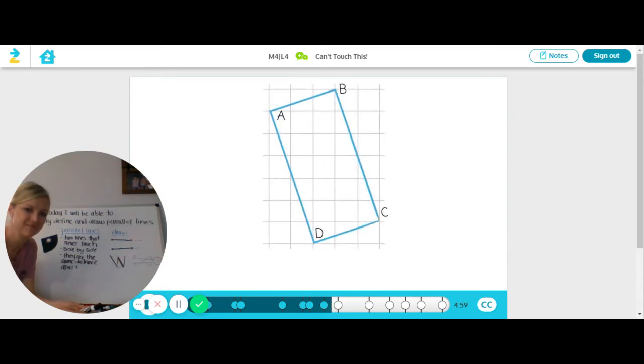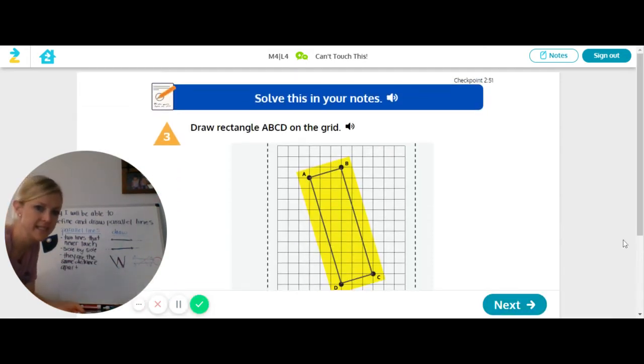On the grid paper in your notes, use your straight edge to draw a rectangle A, B, C, D like mine. Okay, so let's take a moment and draw this in our notes, scholars, A, B, C, and D, using your straight edge if you have one. You're drawing a rectangle. So my straight edge today is a rectangle, so I'm going to go ahead and just trace it.